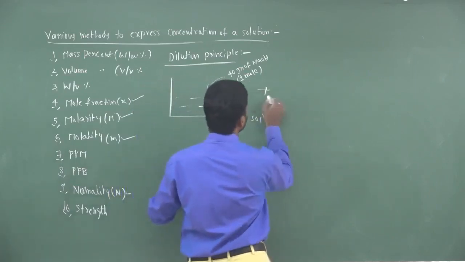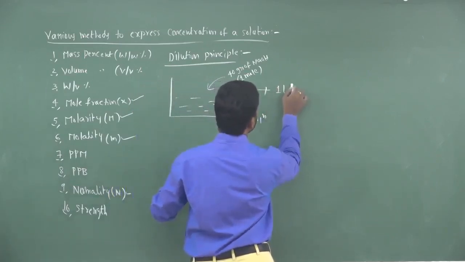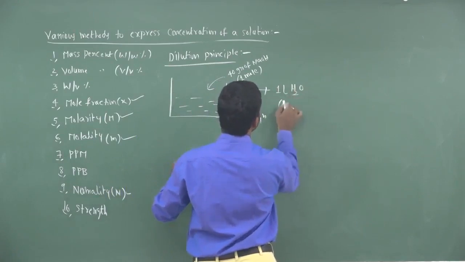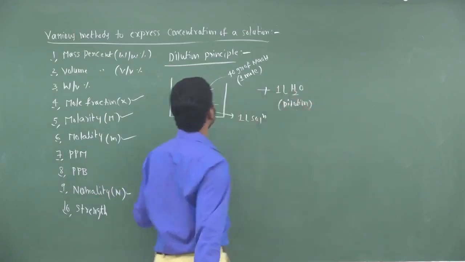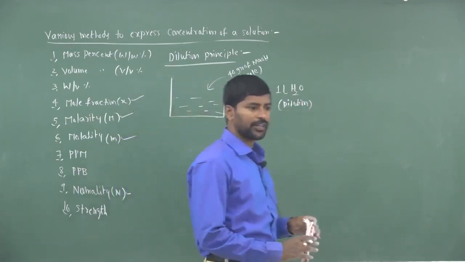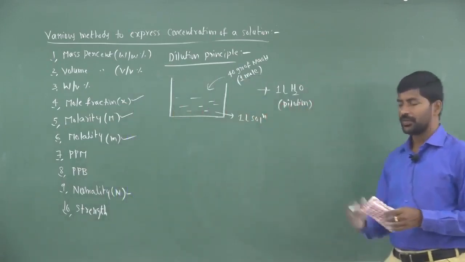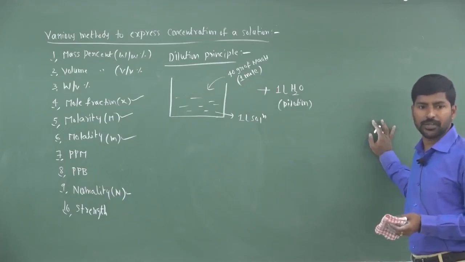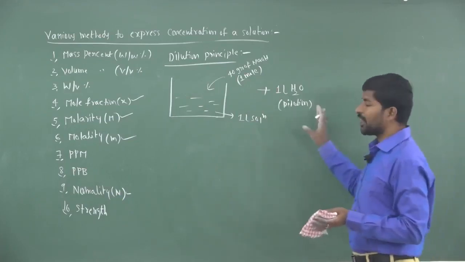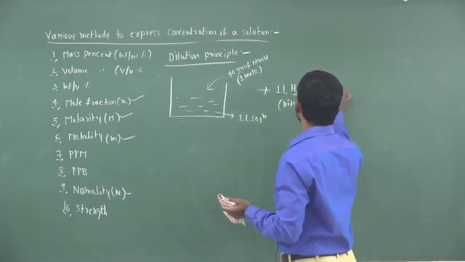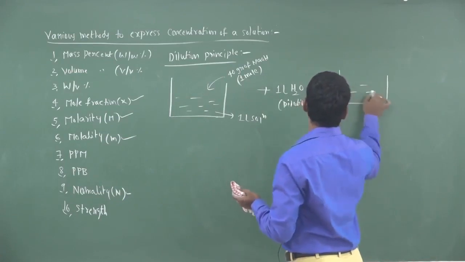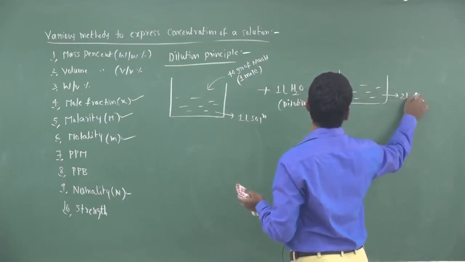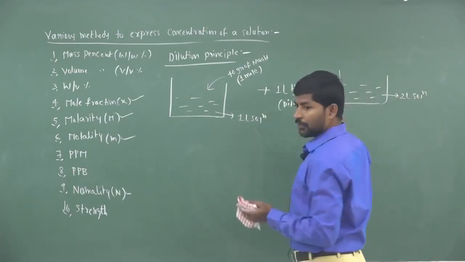To this, I am adding 1 liter water. Dilution means addition of solvent. Here we are taking water as the solvent, so we are adding water. Now we have a 2 liter solution.